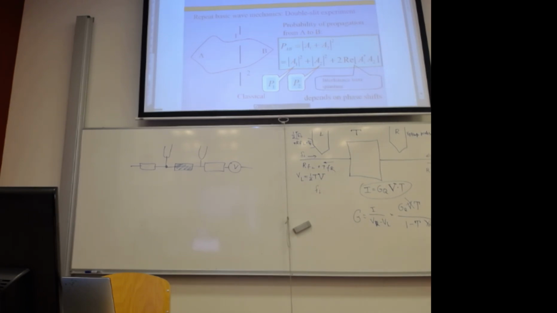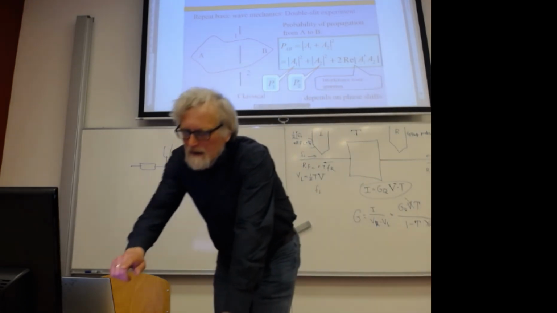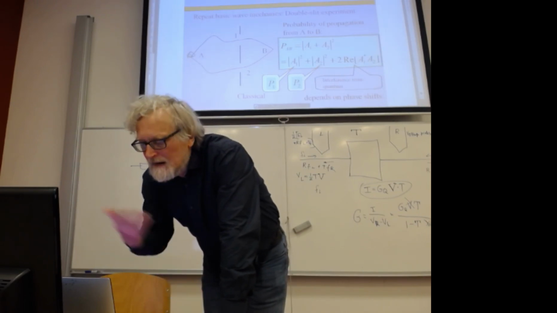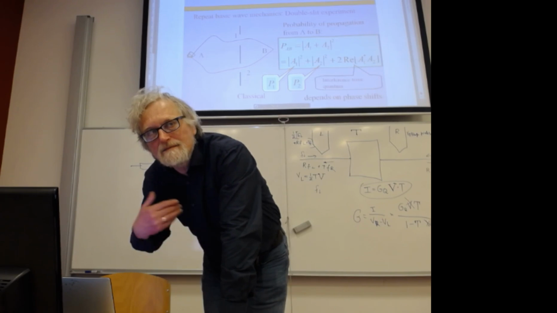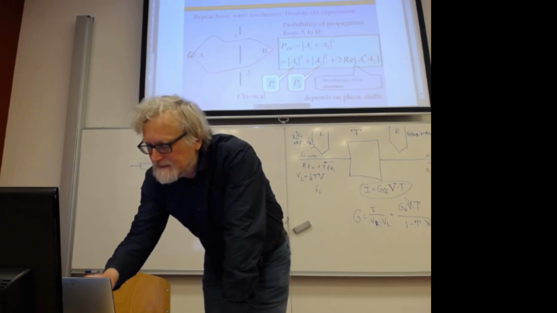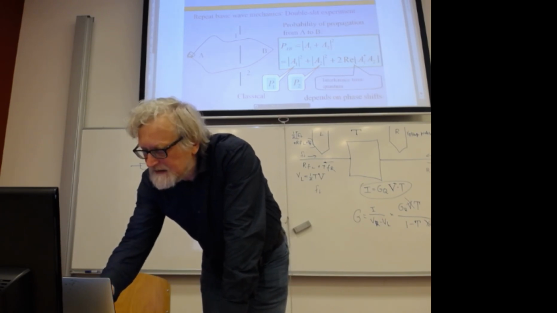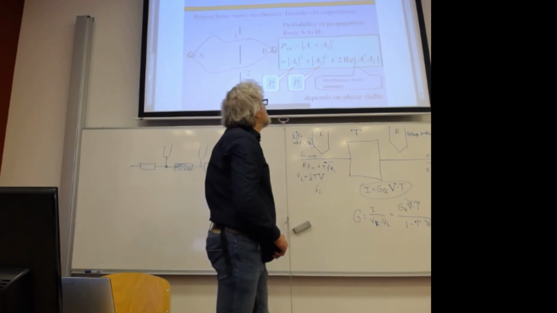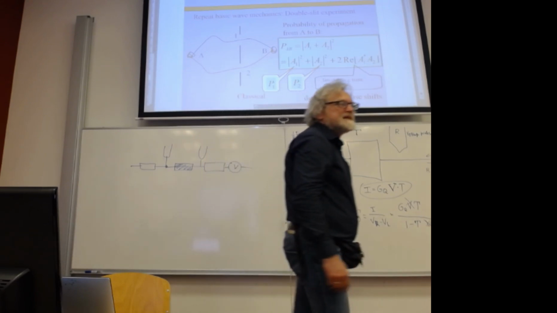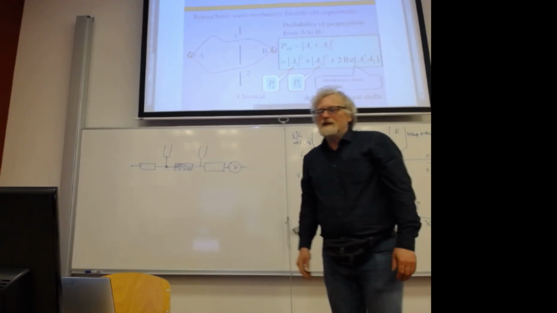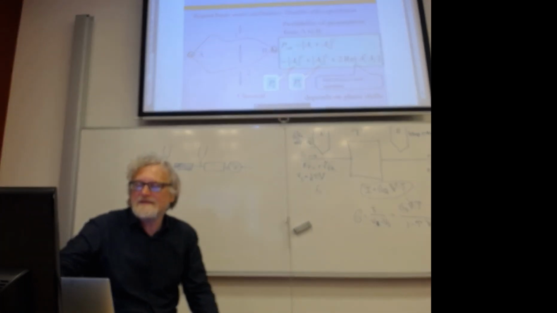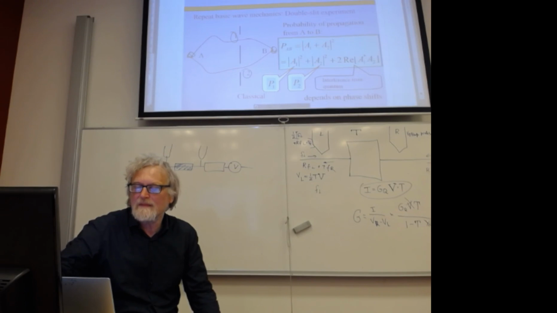Let me remind you, we have a source of waves at point A, electrons, light, whatever, it doesn't matter, and we collect these waves at point B. There are two ways for waves to go from A to B, which are distinguished by these slits, one and two.